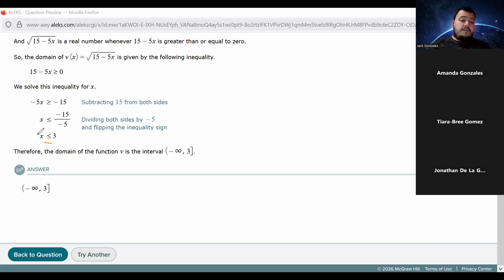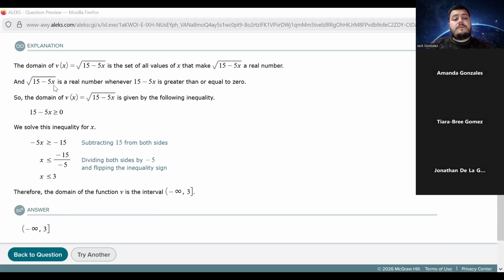If your x is on the left and the arrow is pointing to the left, then everything in that direction is cool, the negative direction. But the starting point is 3 with a bracket. So when you have a square root type, set the inside greater than or equal to 0, and then start solving. Does that make sense?